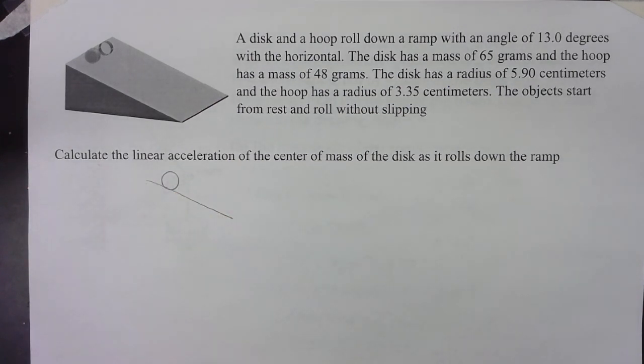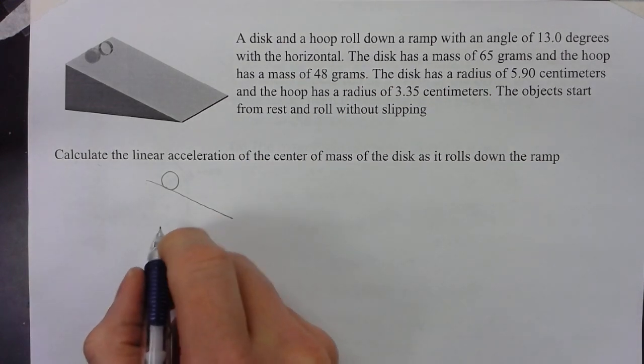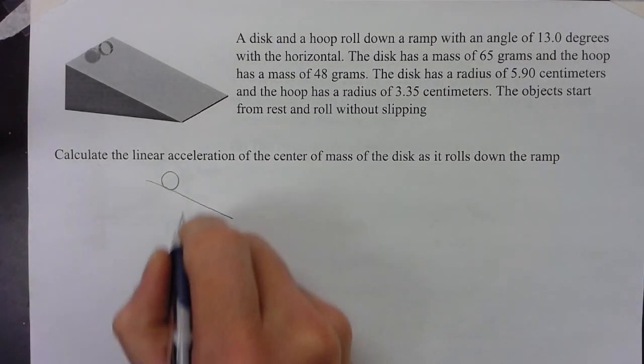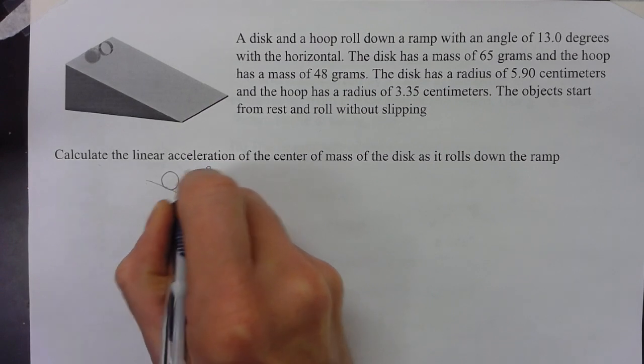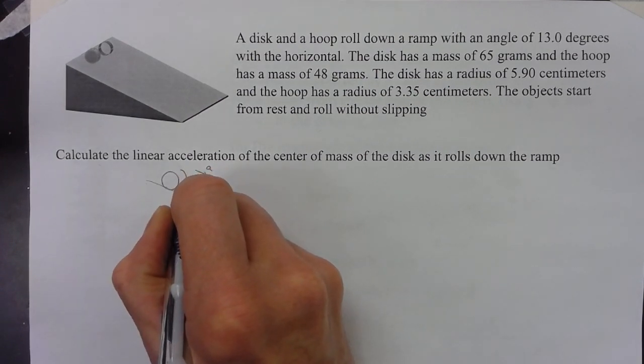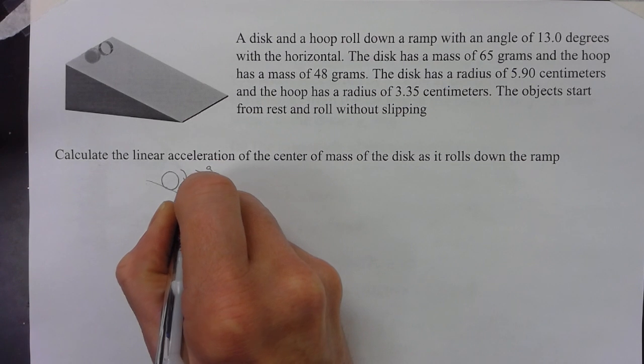So it's on the ramp like that. Now, to figure out that acceleration, we need to know what forces are acting on it. This object is gonna accelerate linearly and rotationally. That linear acceleration is going to be down the ramp, of course, and that angular acceleration is going to be clockwise from this point of view.